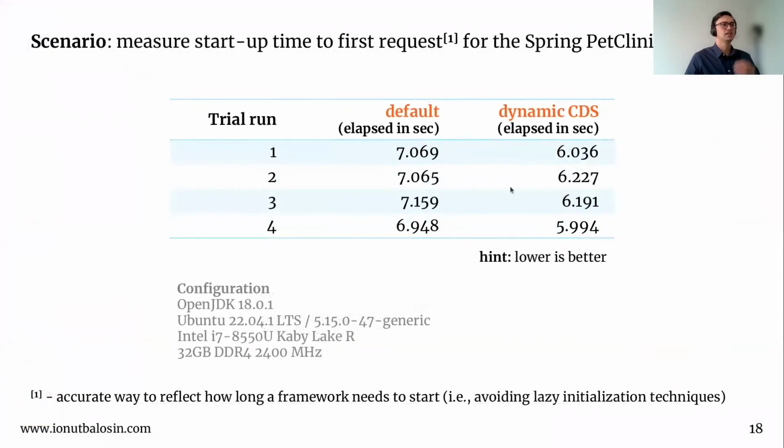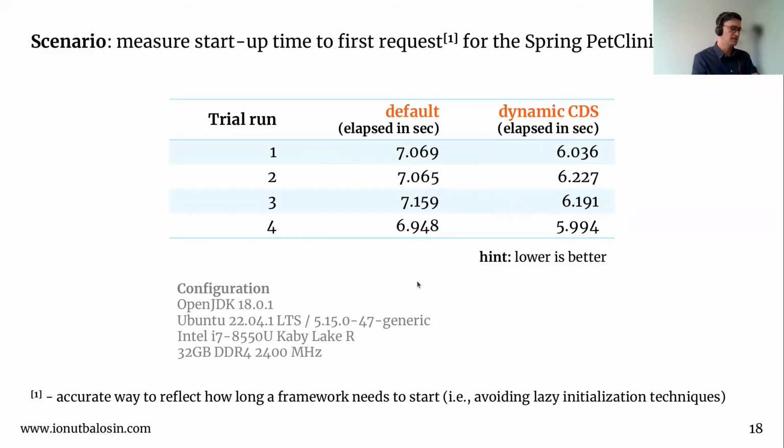And as you can see, the default timing was around 7 seconds, and with dynamic CDS, on average, it was about 1 second less. Is this enough? Maybe not. In most cases, it's just 1 second in this setup.